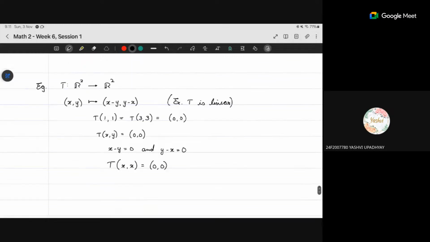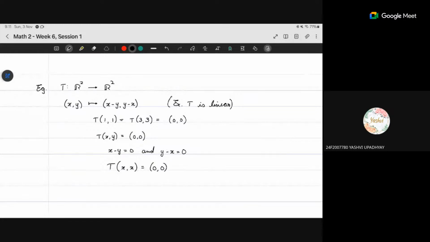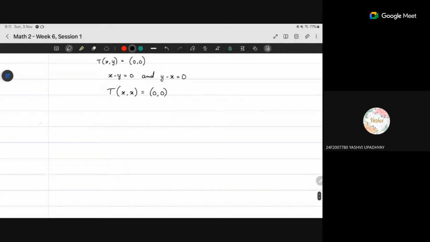And in this case, the function that I had chosen was easy. It was like x minus y, y minus x. But what about, let's say, another example? I'll not give numbers because then I'll forget it at some point and that's a mess. So let's say 2x plus 3y, and what do I want? 6, 12.